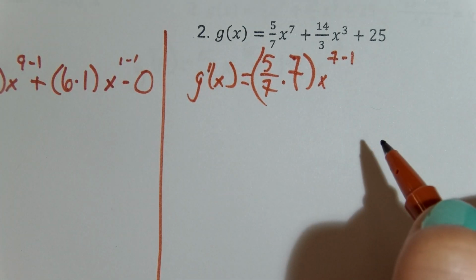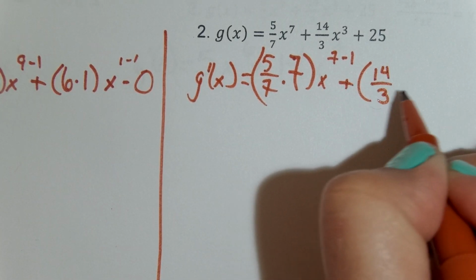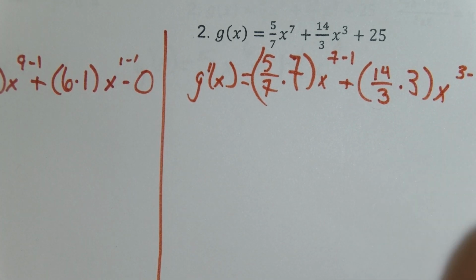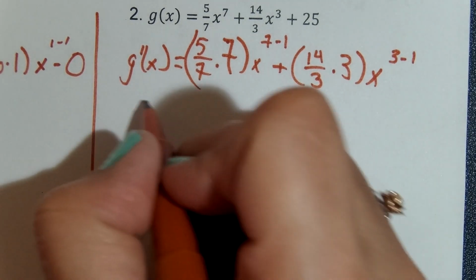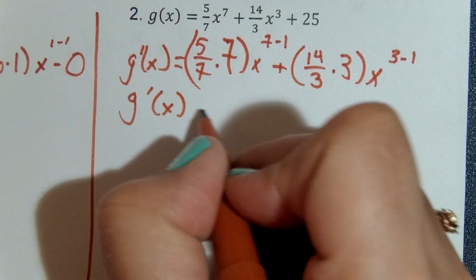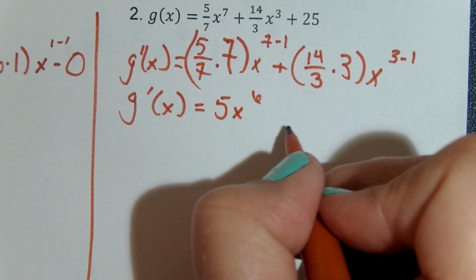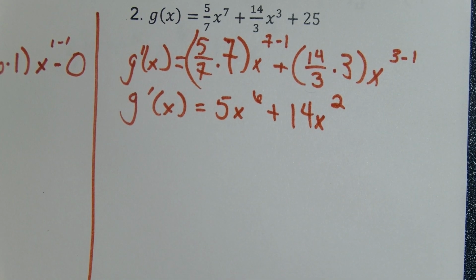Plus 14 over 3 times 2, x to the 2 minus 1. And then g prime of x, plus 5x over 6. Okay. 14x over 2. Very good, very good.